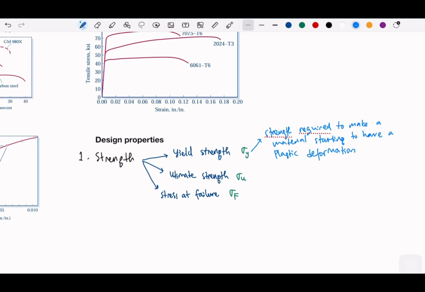So you can also define the yield point as the highest stress, or let me write another point of view, the highest stress the material can hold before yielding.